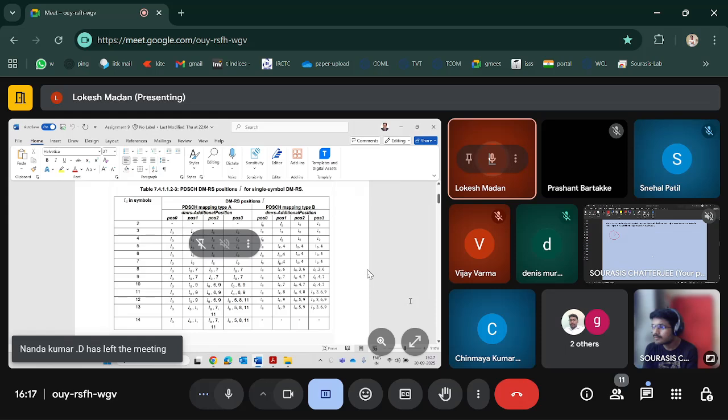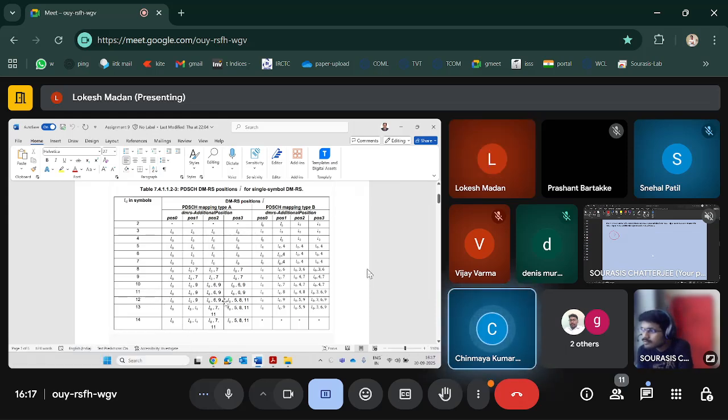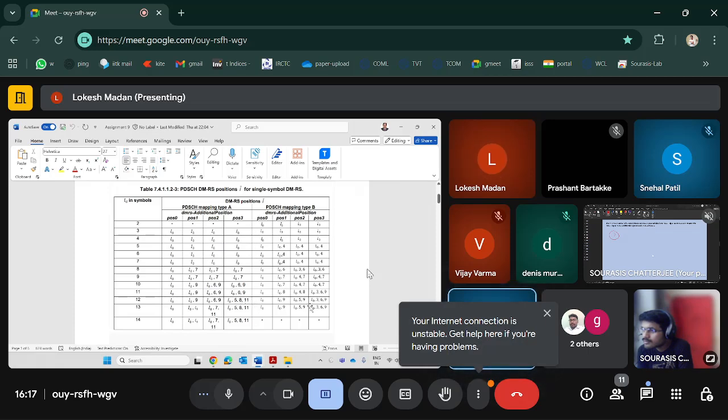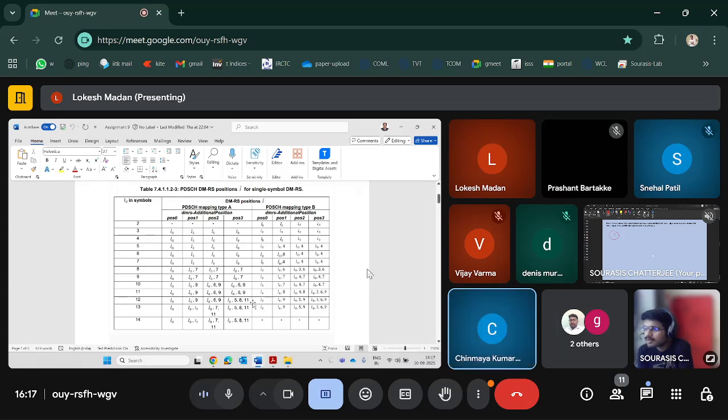This is the table. Minimum duration is 12, because for 12 symbols there are 4 DMRS symbols: L0 plus 5, 8 and 11 for mapping type A. Yes, minimum symbol count is 12.